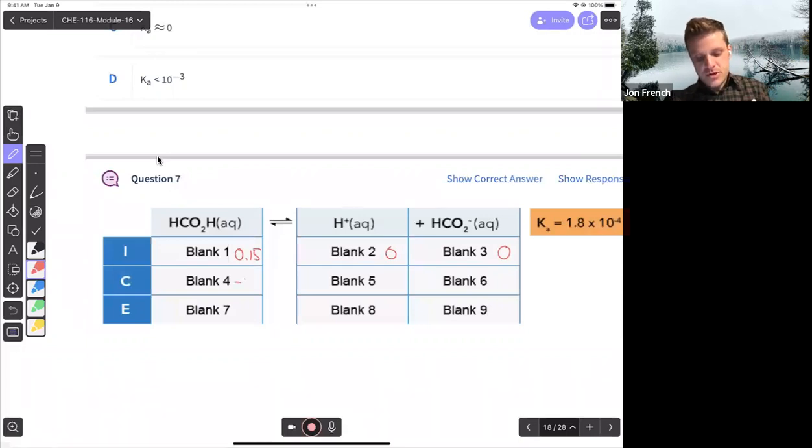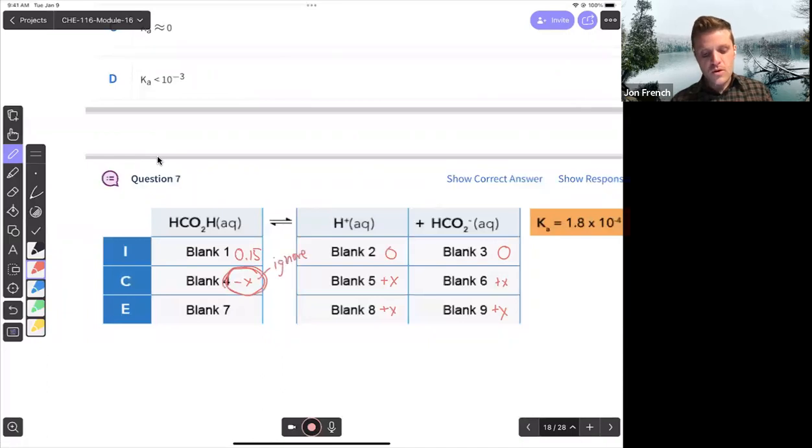As this goes into solution, some of the formic acid is going to ionize. It's going to form some hydronium and some conjugate base. Those concentrations are equal. We can call them both X. And at equilibrium, we're going to have X amount of hydronium and X amount of the conjugate base. However, this is where we made a slight change.